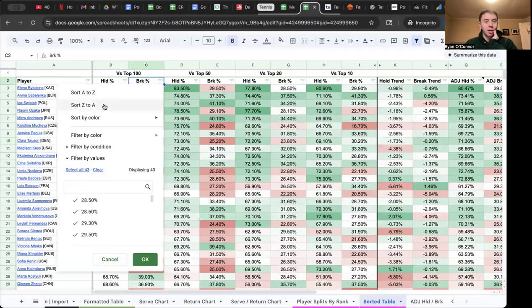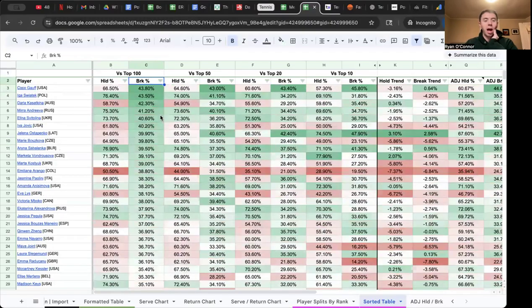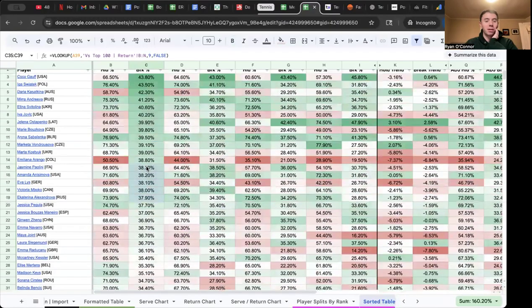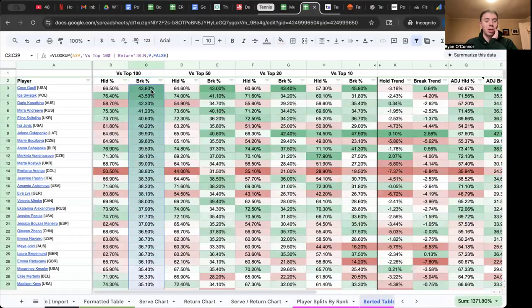Same thing with break percentage. I think the highest we see in men's is like 31% from Alcaraz, and almost everybody's over 31% here. Again, that shows you why the hold rates are so much lower. Basically, the first serve is not as impactful unless you're Rybakina.